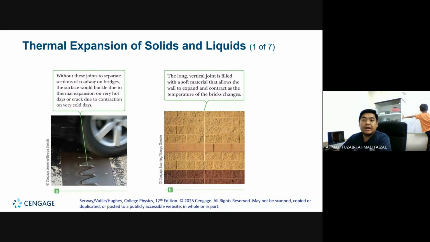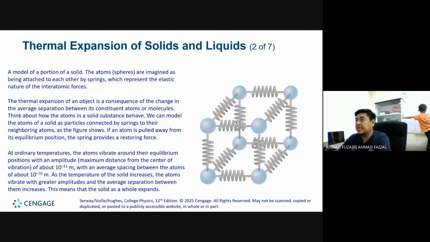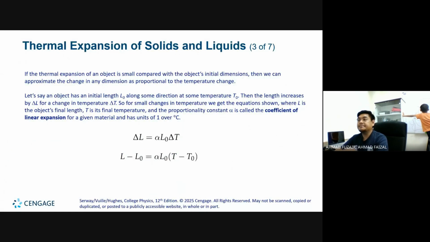Because I want to highlight the thermal expansion of solids and liquids. As usual, thermal expansion is what happens when you give some heat to solids and liquids. What will happen to the equations? If there is a thermal expansion of an object, you may use delta L equals alpha L naught delta T. This is the equation for thermal expansion.